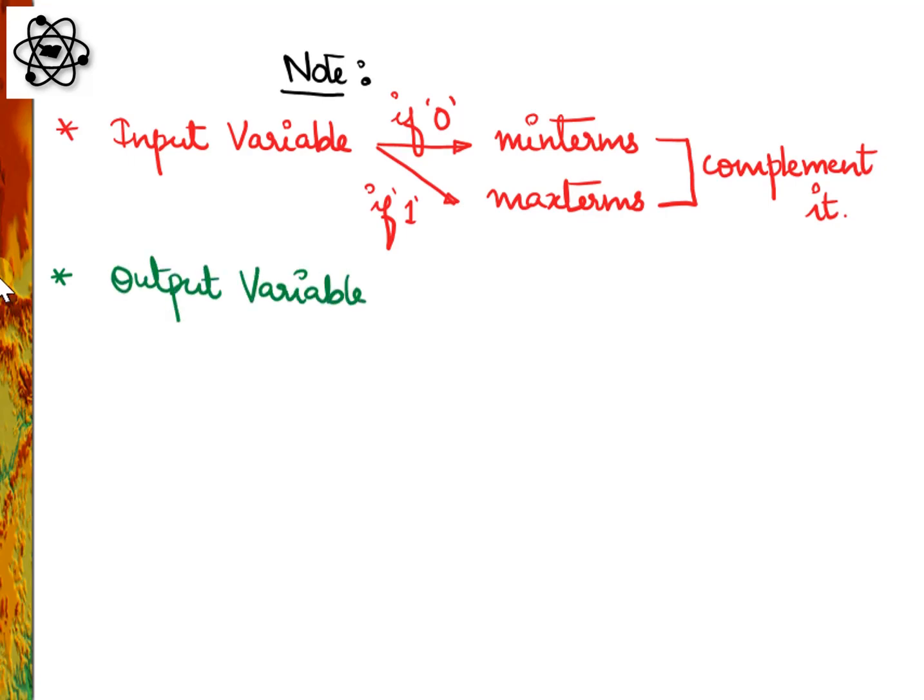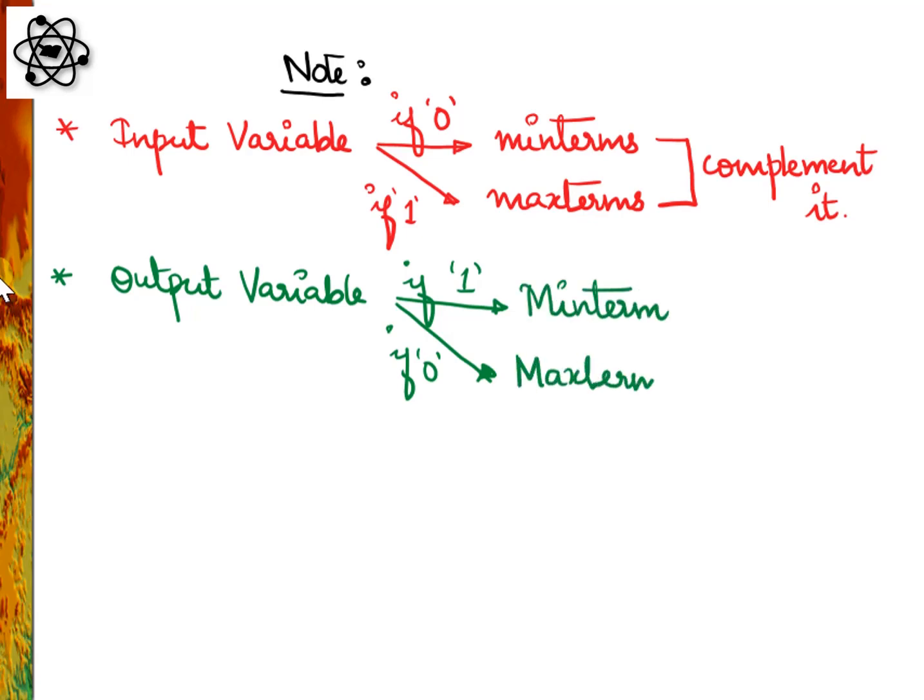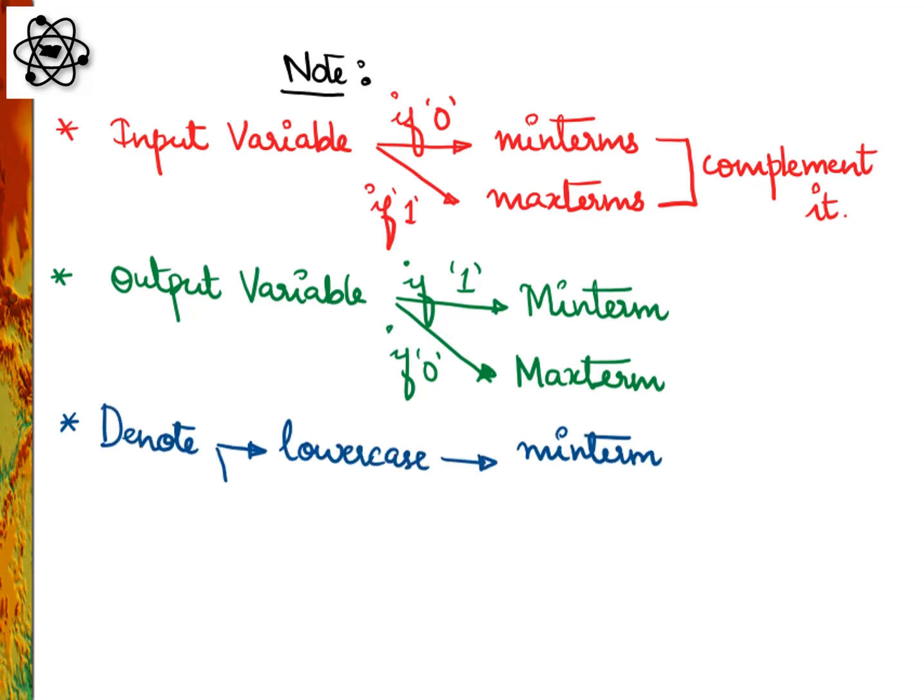When output variables are represented, if it is a binary 1, then it is a minterm, and if it is a binary 0, it is a max term. The minterms are represented by a lowercase m, and the max terms are denoted by the uppercase M.